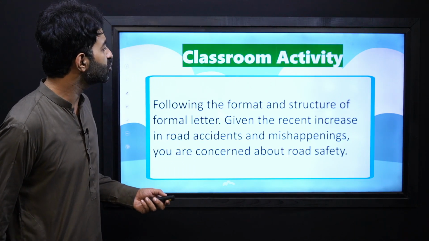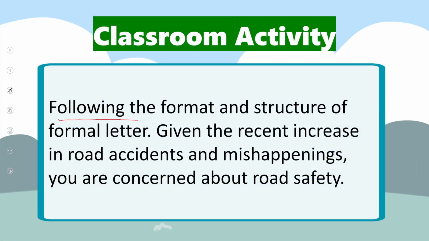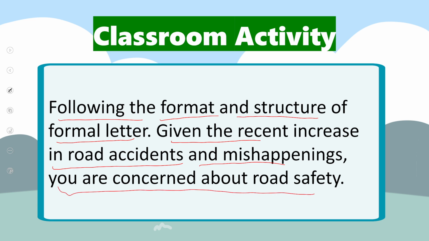Here, for the classroom activity, following the format and structure of the formal letter and application that we have seen, given the recent increase in road accidents and mishappenings, you are concerned about road safety.